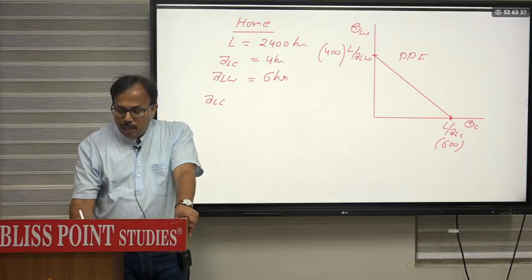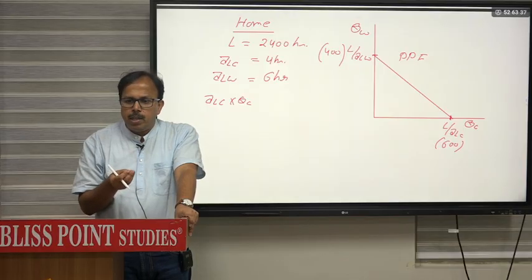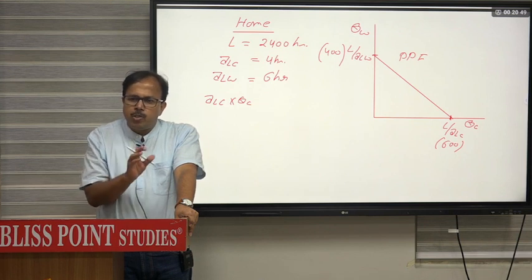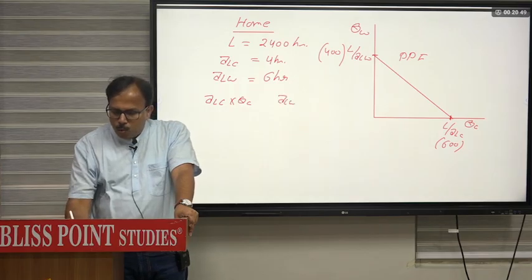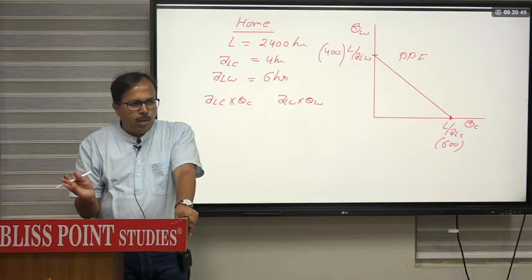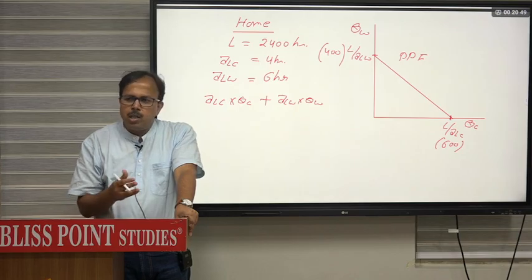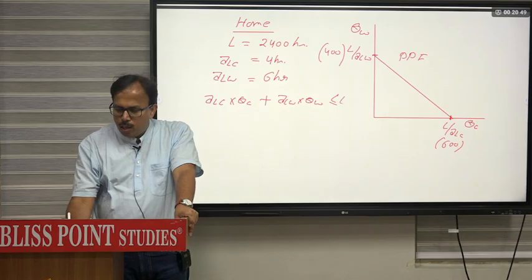If I multiply ALC with the quantity of cheese, ALC is the unit labor requirement, the time it takes to produce one unit, multiplied by the quantity of cheese produced, that becomes the total time allocated for cheese. And if we multiply ALW with QW, that is the time allocated for wine. If I add these two, that must be less than or equal to the total time available. So less than or equal to L.